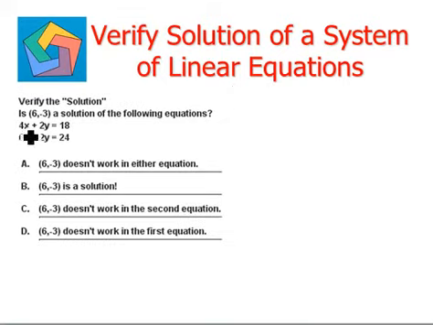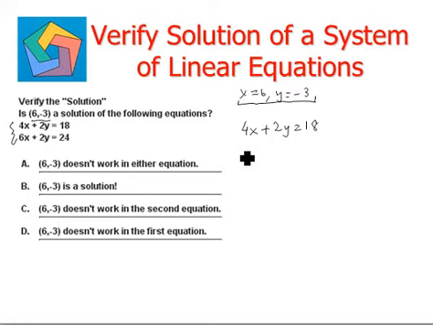Verify the solution. Is 6, negative 3 a solution of the following equations? We are given two equations. So we say x equals 6 and y equals negative 3. We have to check whether they satisfy both the equations or not. So let's look one by one. We first take the first equation.